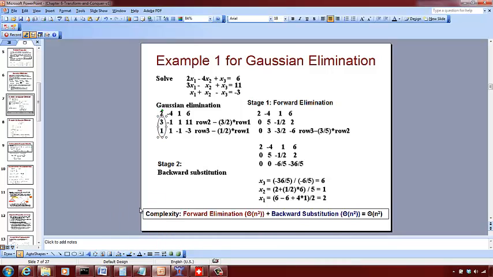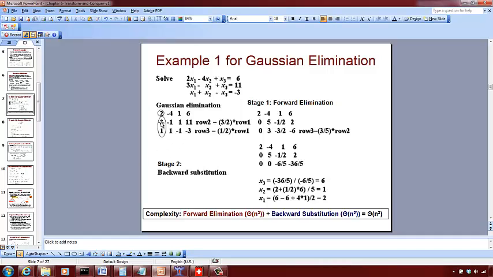We make them 0 using this row, especially this 2, will make these two things 0.